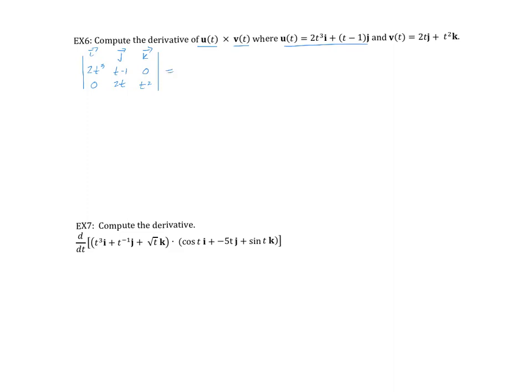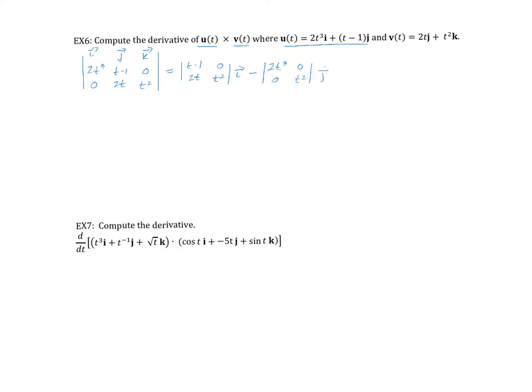So I'm going to do the cross product. Remember what we do, we cover i, and what we get is t minus 1, 0, 2t, t squared. That would be the coefficient on our i. Minus, cover the j, we get 2t to the third, 0, 0, t squared.